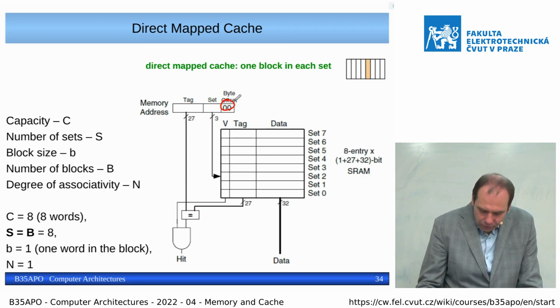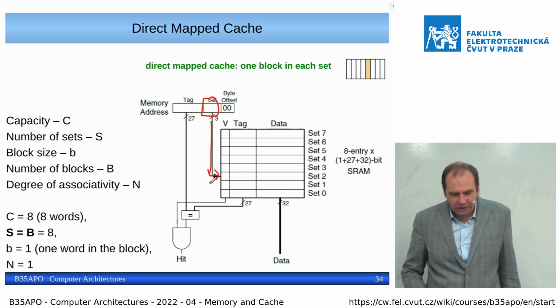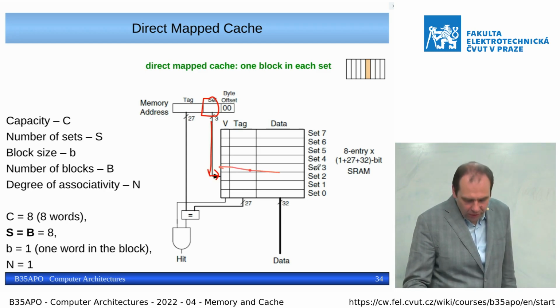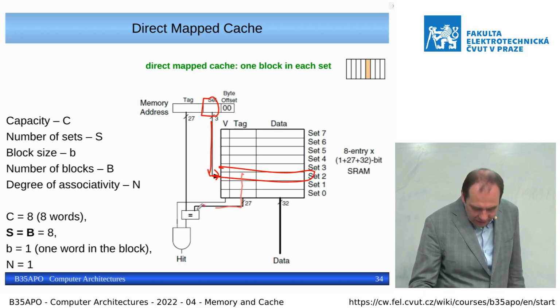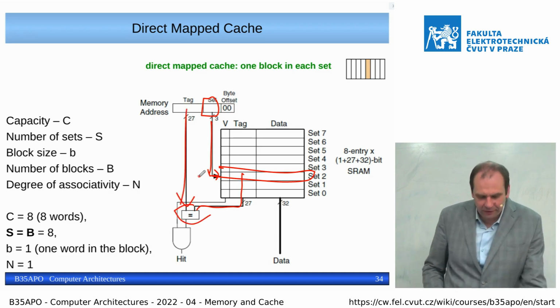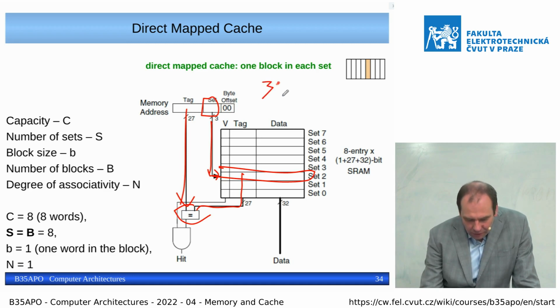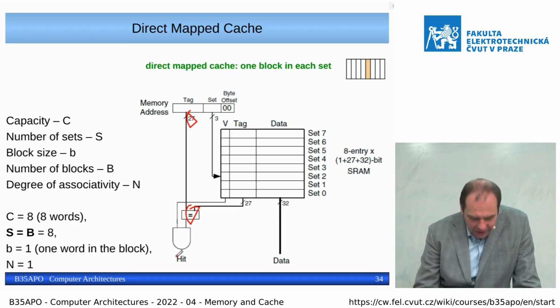Then we use the next 3 bits from the address to select which set and which row can actually hold a given address. And then we take the tag from a given row and compare it with the rest, the 27 bits, because if we compute 32 minus 2 minus 3, we get this value, 27, and check if data are present or not.